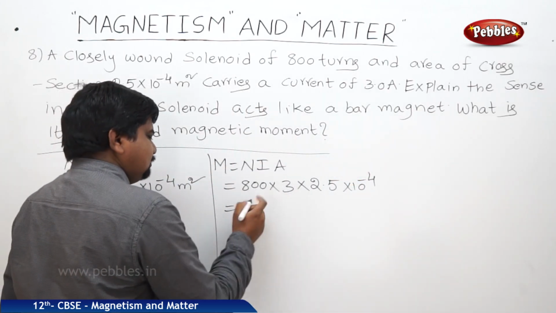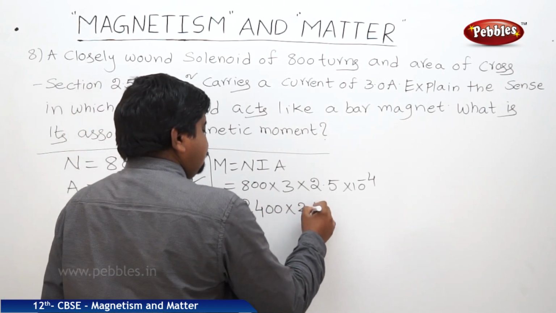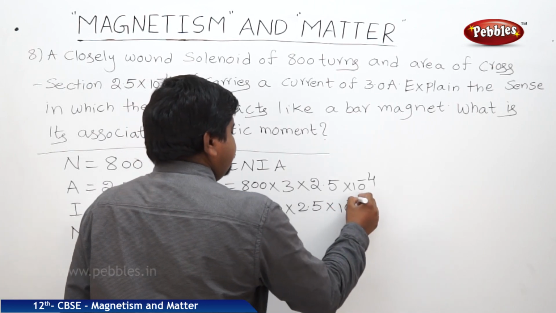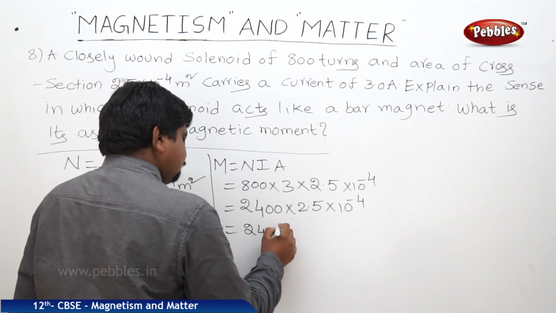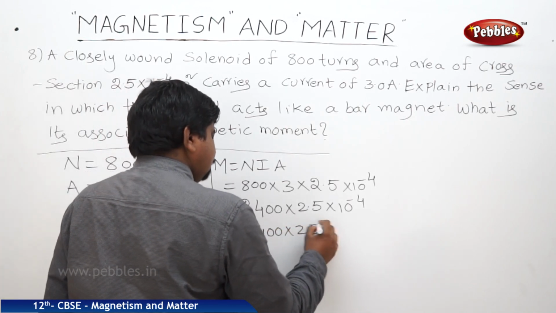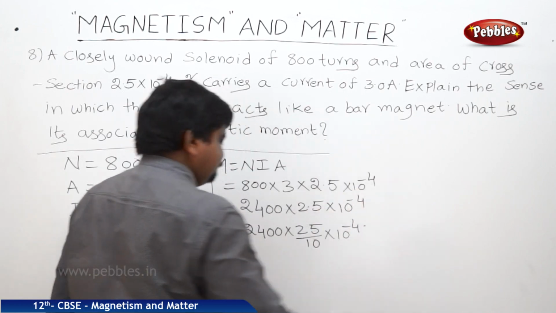This is 2400 into 2.5 into 10 to the power of minus 4. 2400 into 25 by 10 into 10 to the power of minus 4.